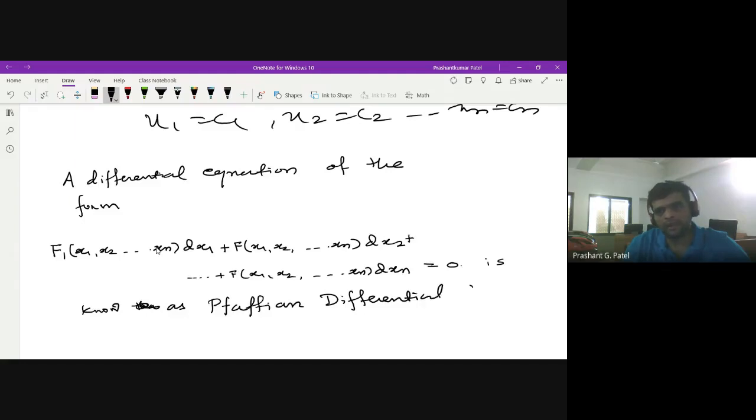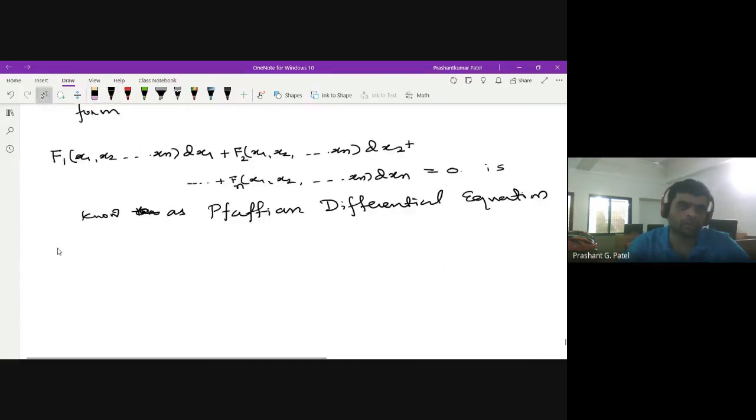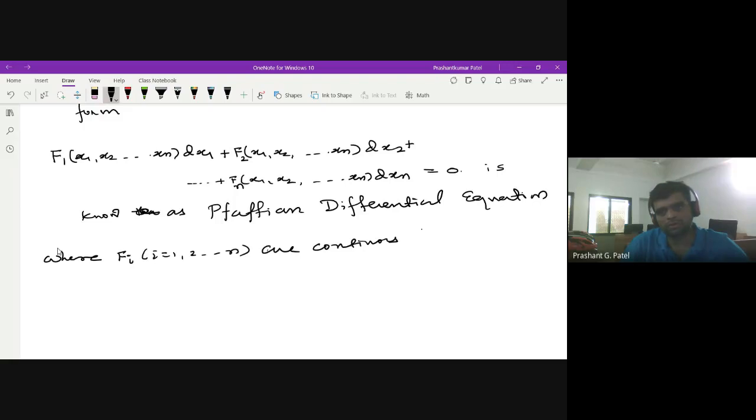And in this lecture, we are discussing how to solve this Pfaffian differential equation, where these Fi's, that means F1, F2, up to Fn, where i is running from 1 to n, are continuous functions of x1, x2, up to xn.